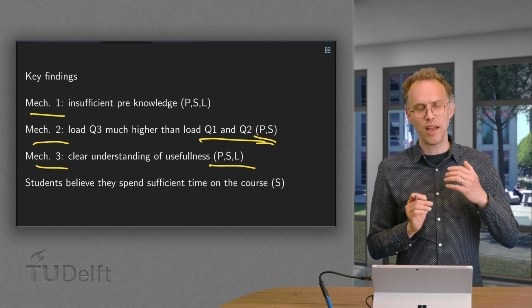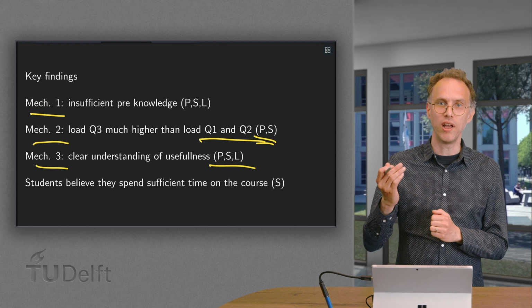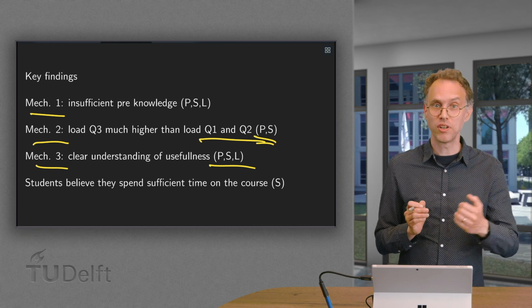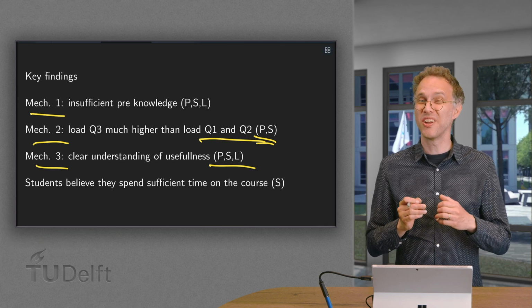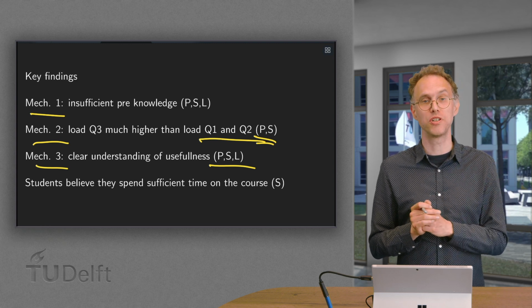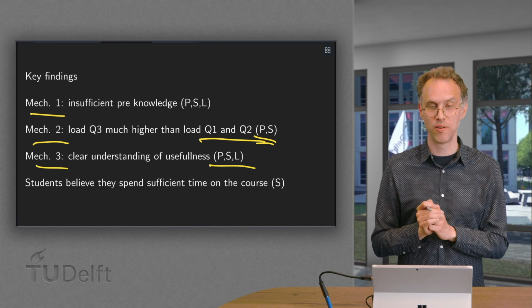Now, if we look at the first two, we see insufficient knowledge. Well, if you spend sufficient time, you can repair this. The load in the third quarter is much higher than the first two quarters, is also not necessarily that much of a problem, provided students spend enough time on all their courses in the third quarter.